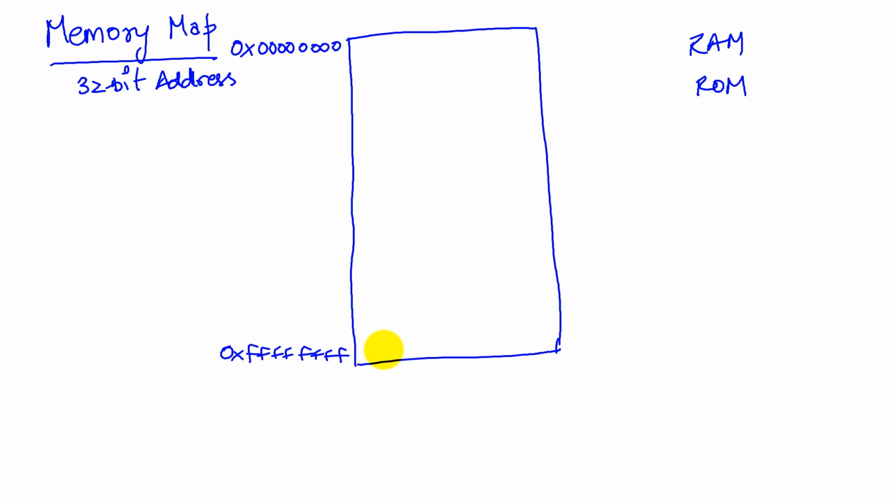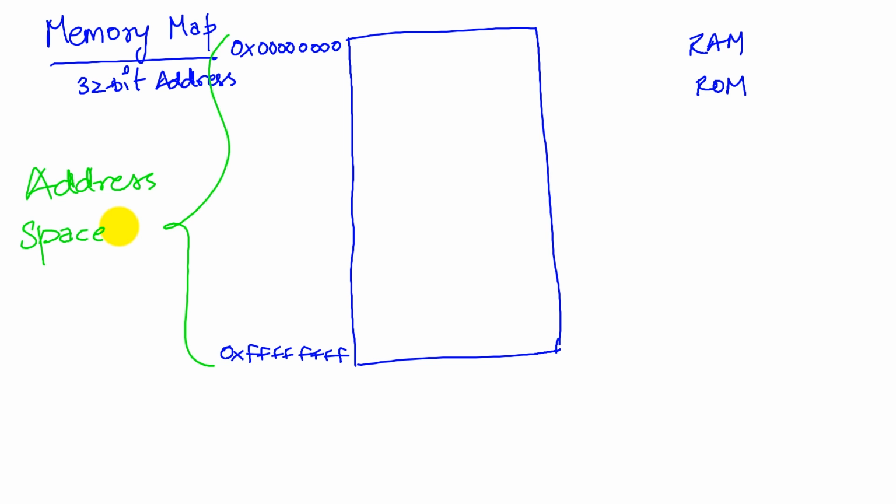Now the total memory we can refer to is sometimes called the address space. The address space constitutes the number of locations we can refer to. With a 32-bit address, we can refer from 8 zeros all the way up to 8 Fs.